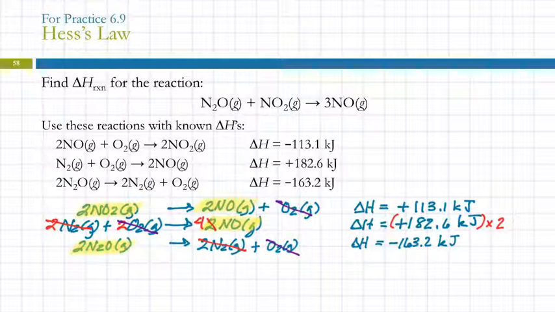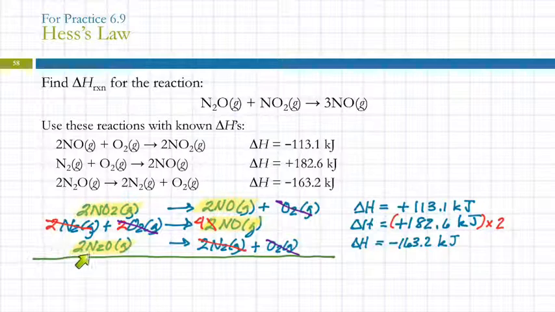So then let's look at what's left. So I'm going to take what's left and I'm going to add it together. So on the reactant side, I've got 2 N2O and 2 NO2. I'm going to write this one first, just because that's how it shows up there and it's easier to look at.